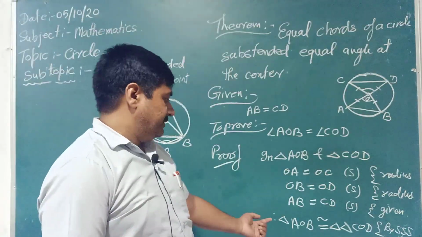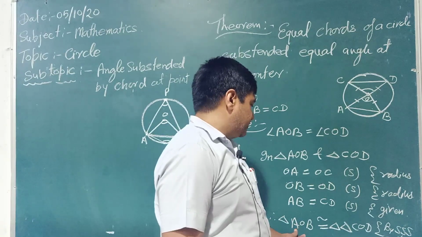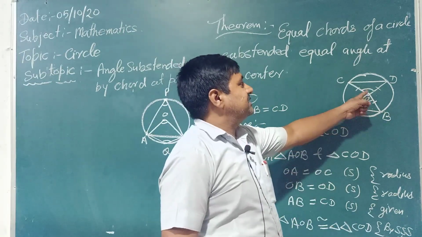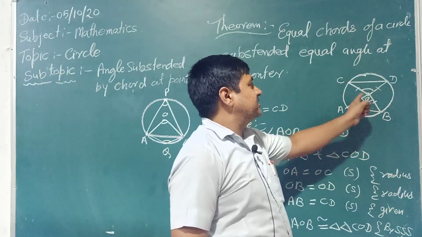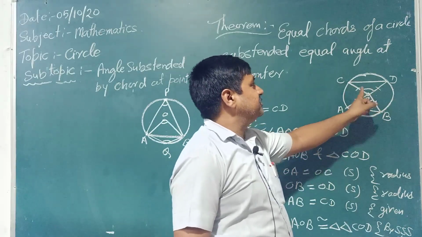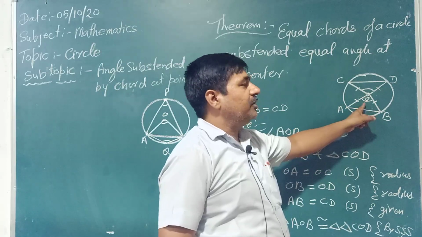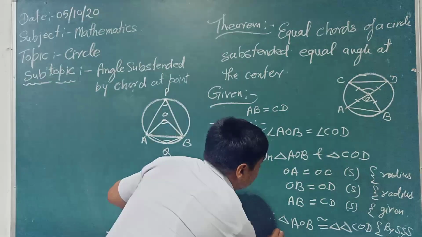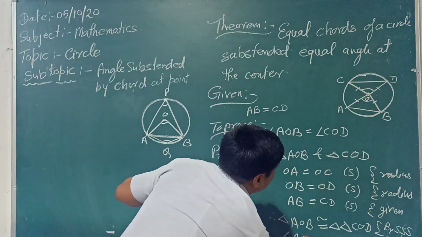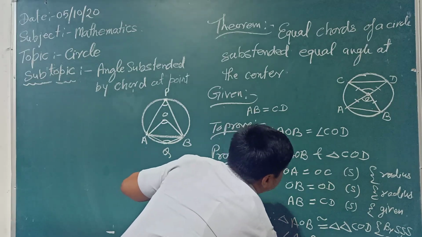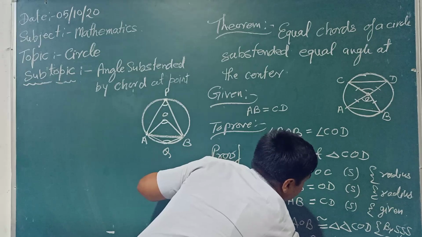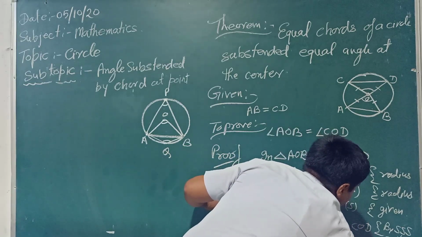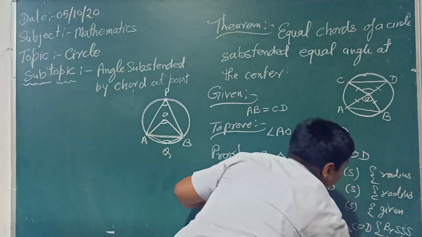Now these triangles AOB and COD are congruent, therefore their angles AOB and COD both are equal by CPCT property. Okay, therefore what do you write? Angle AOB is equal to angle COD by CPCT.